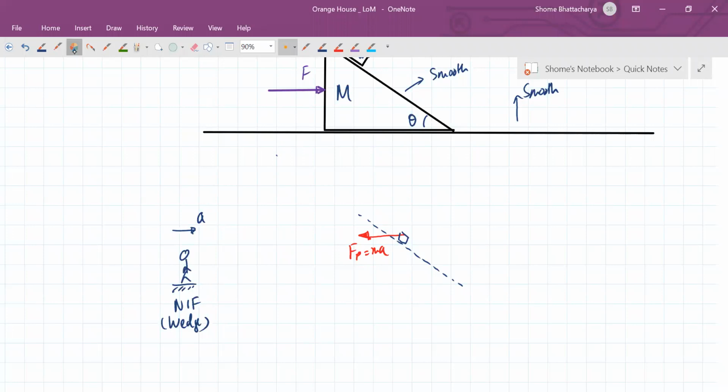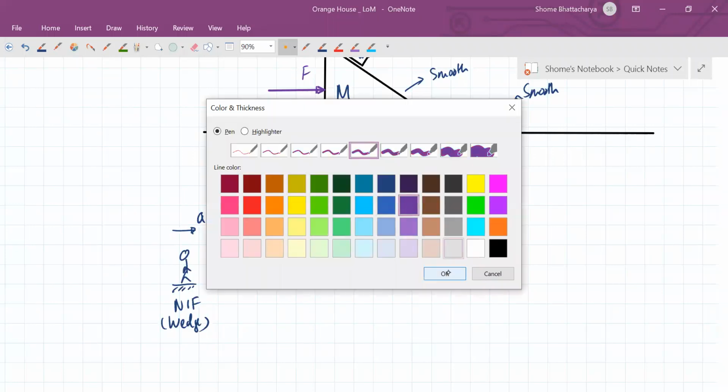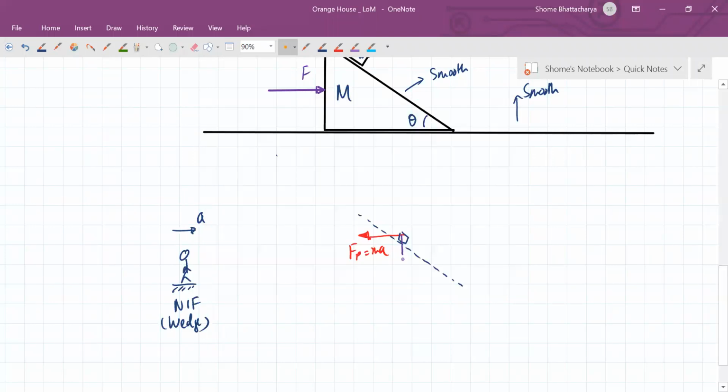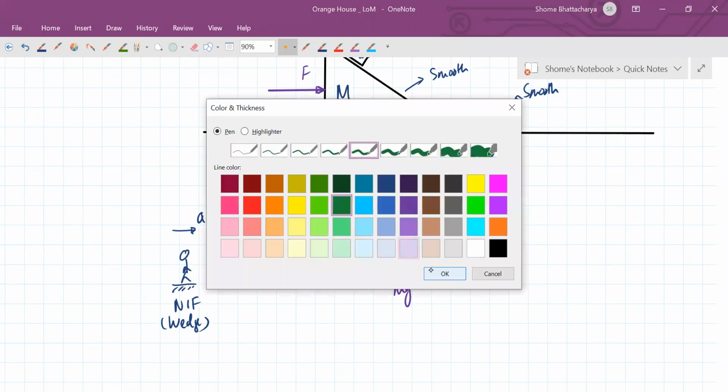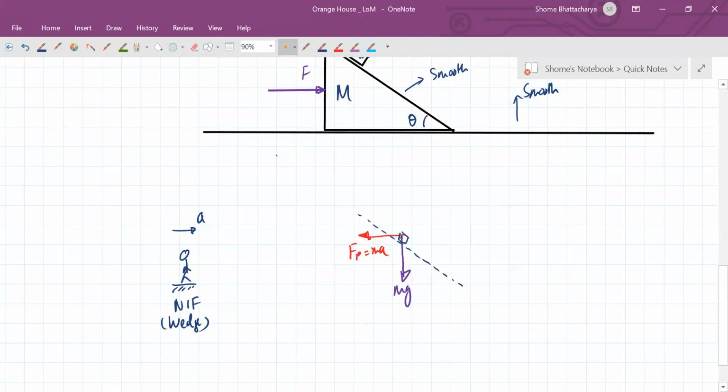Then of course there are the other forces like the weight of this, okay, and the normal reaction should act like this. Okay.